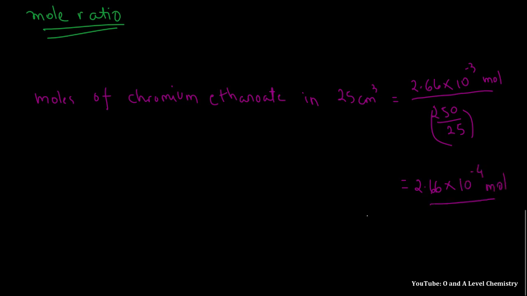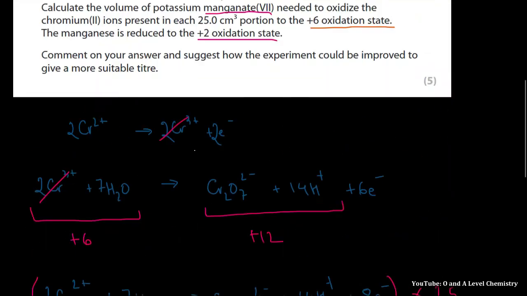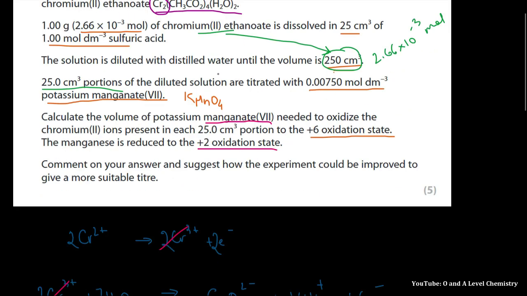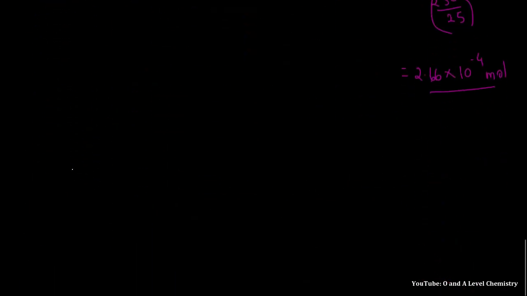So we're not done yet. So this is the mole of chromium ethanoate, right? So chromium 2 ethanoate. If you look at the formula, I have 2 chromiums in 1 molecule of chromium ethanoate. So basically, now this is the moles of chromium ethanoate, but this is not the moles of chromium though.